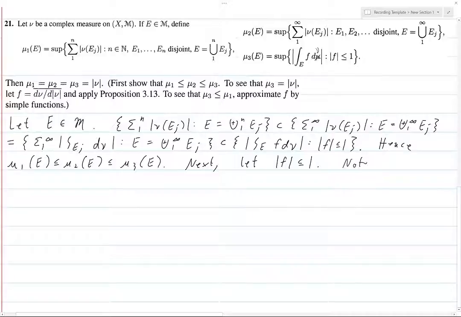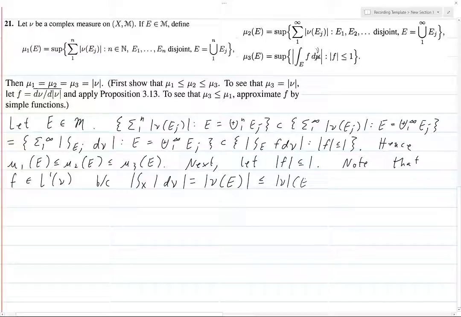By the way, note that f is in L1 of nu because, let's see here, just the function here, let me write this, the integral over the entire space of the function that's constantly 1 d nu, let's take this as an absolute value, this is equal to nu of E, and that's less than or equal to the absolute value of nu of E. And this here is by proposition 13 point something.